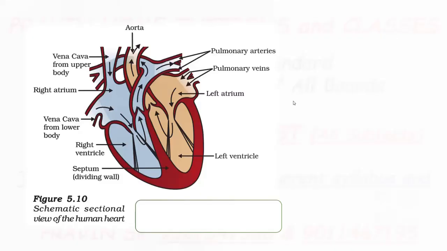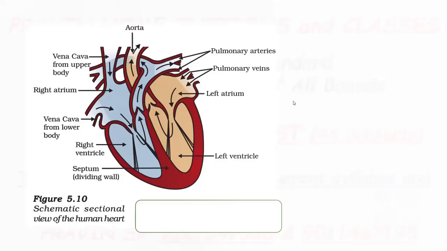The heart has different chambers because both oxygen and carbon dioxide have to be transported by the blood. The carbon dioxide rich blood has to reach the lungs where carbon dioxide is removed.